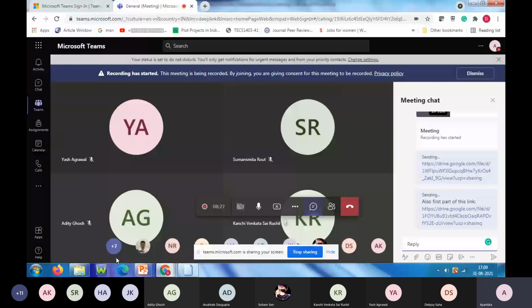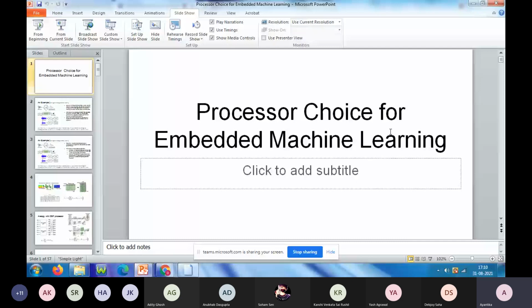So far we have talked about the basic blocks of CNN and what operations are required to implement them. Now we have the idea how the convolution layer looks, what about pooling, ReLU, Max, etc. Now we are going to choose what type of processor will be suitable for this type of operation.